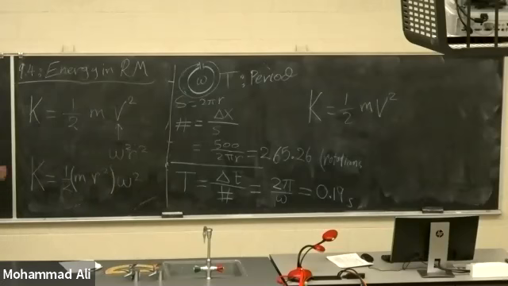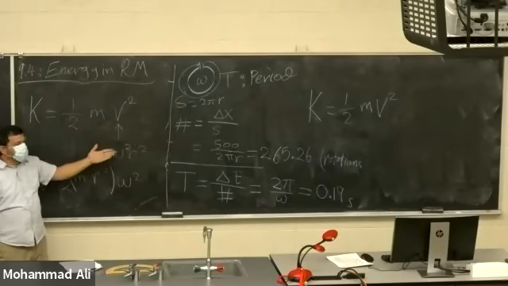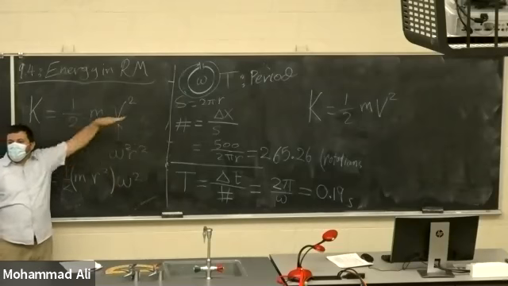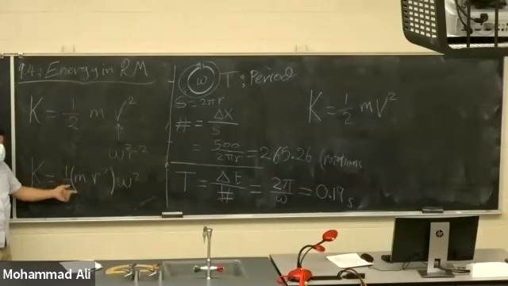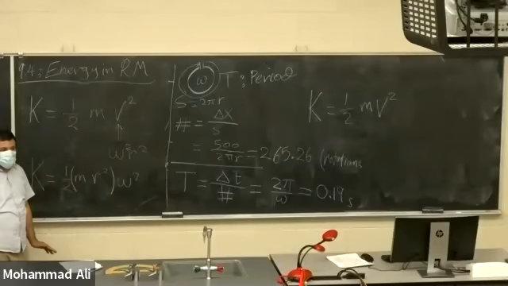Now, this is the linear kinetic energy because we have an ordinary mass and a linear velocity. Now we have a kinetic energy. We have the half is a half. We have angular velocity. We don't have now linear velocity. Where is the angular velocity? It is omega. It is simple to understand.